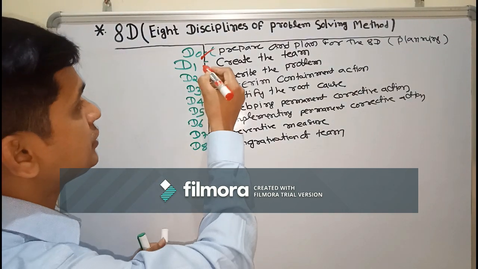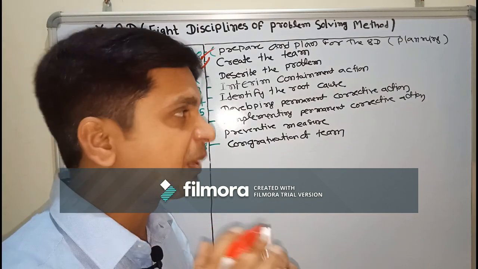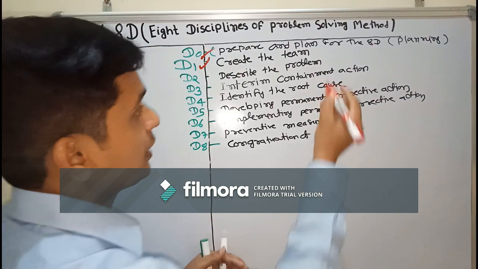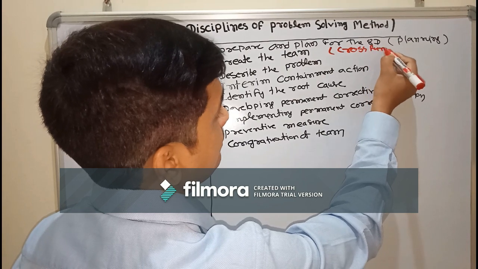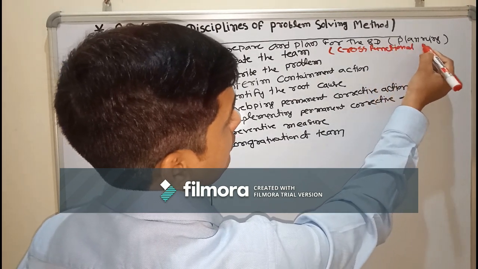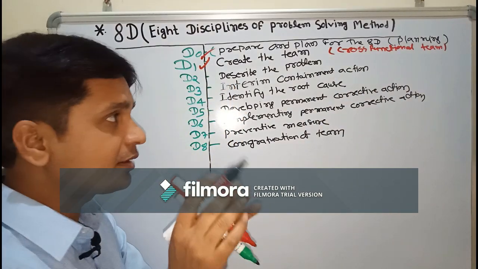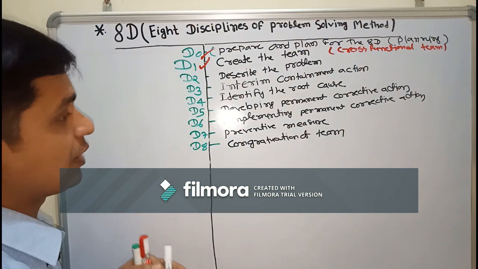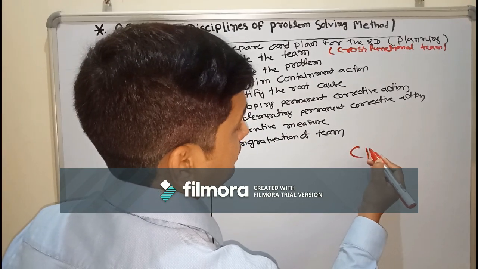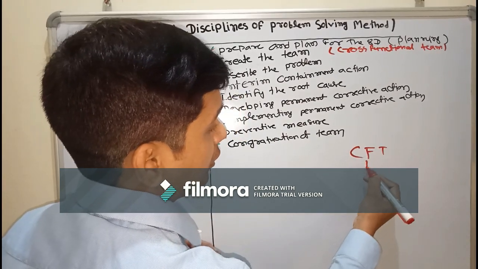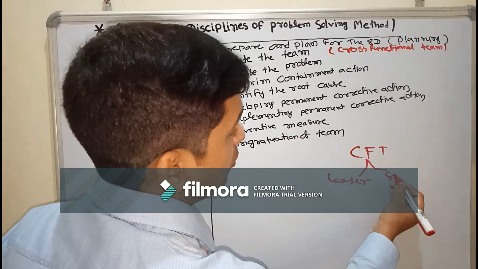Next, D1 is very important: create the team. You have to make a CFT, a cross-functional team. In a CFT there are two main members: first a leader, second a sponsor.